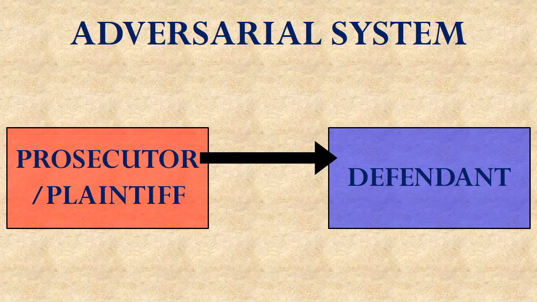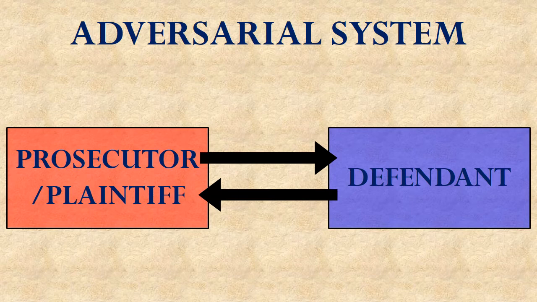We're going to call that person a defendant. When we call them the defendant, that's implying that they're trying to defend themselves, which means they attack back against the prosecutor or the plaintiff. And in the adversarial system, you have these two parties essentially trying to prove each other wrong, trying to poke holes in each other's arguments.